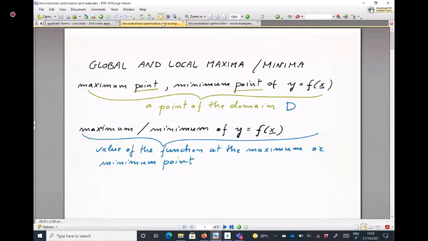And these concepts are basically global and local maxima and minima for an n-variable function. So the first slides are only definitions. We must understand the definitions. So, which kind of objects or concepts are these, okay?